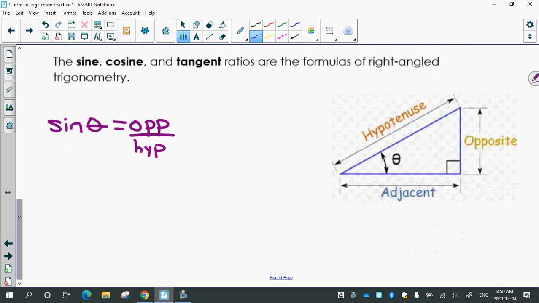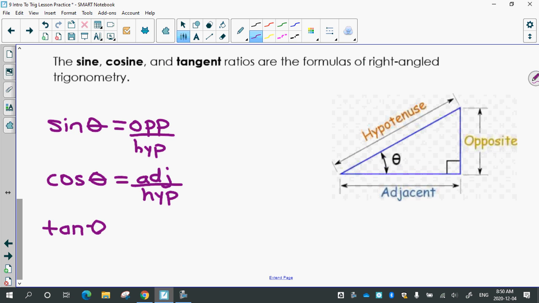The cosine of angle theta is equal to the length of the adjacent side, so ADJ, over the length of the hypotenuse. And the tangent of angle theta is equal to the length of the opposite divided by the length of the adjacent.